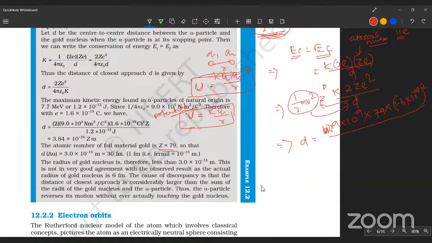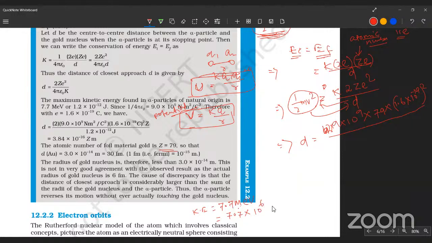Kinetic energy is 7.7 MeV. We'll convert it to joule, because the SI unit is joule, right? How will you convert to joule? M means mega electron volt, and mega means 10 to the power 6.